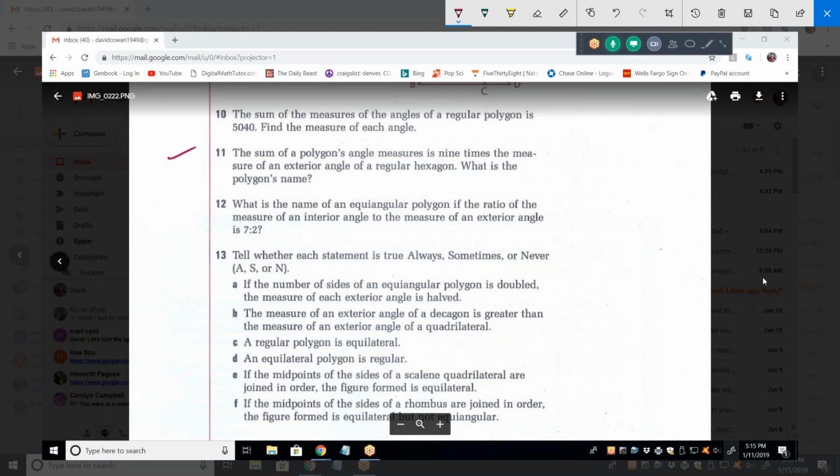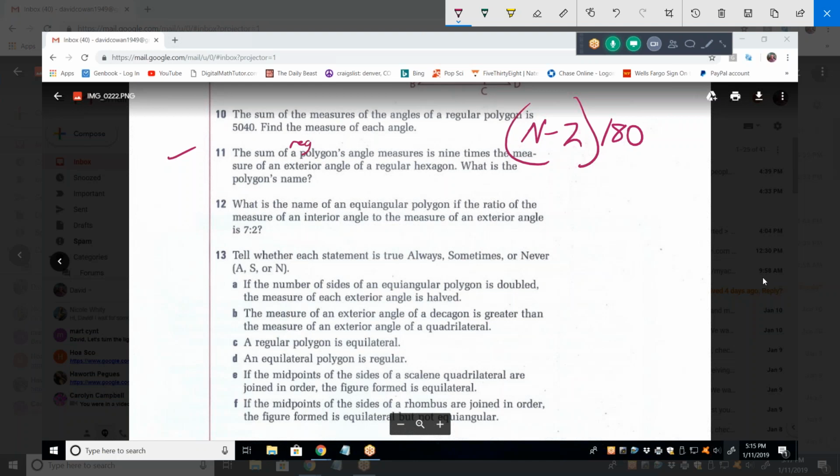Okay, here number 11. The sum of a polygon's angle measures... Well, let's see. Again, he doesn't use the word regular. Should have studied a little.